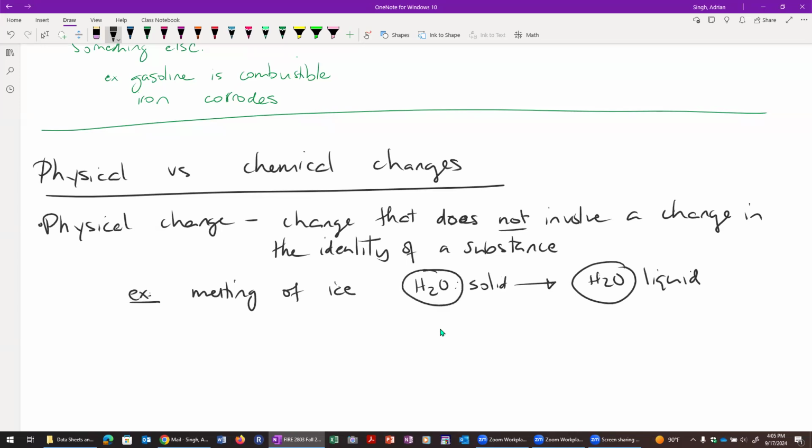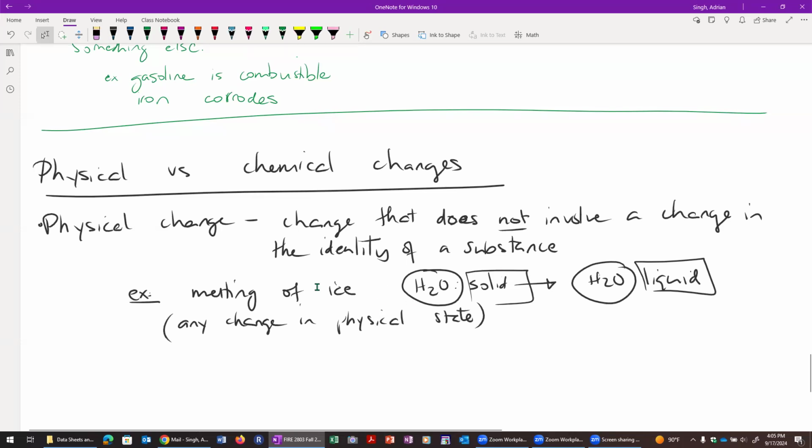It's still the same pure substance, and that hasn't changed. What changes is the physical state. You can think of any change in the physical state as a physical change. We still have the same substance, whether it's solid, liquid, or gas. So those are really simple examples.